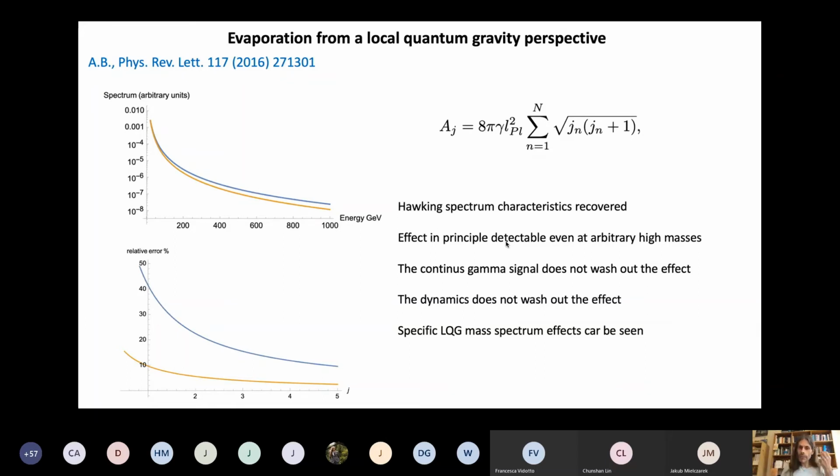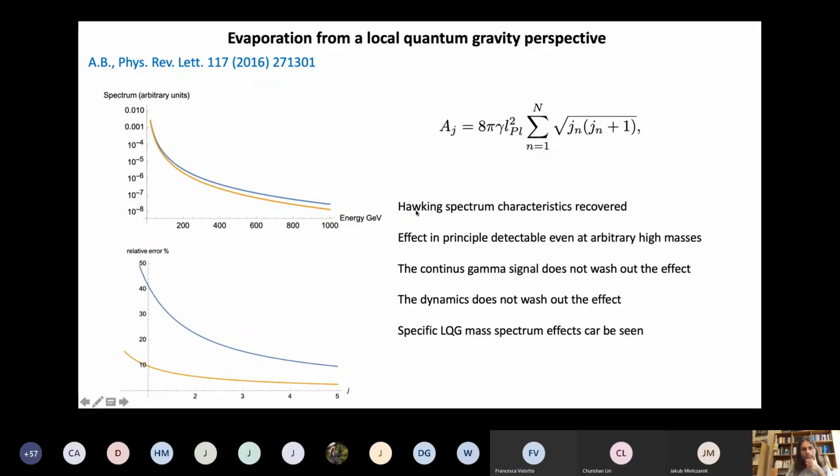And if you think in this way, first you hopefully recover the Hawking characteristic in the classical limit, and then the very interesting point is that you can have in principle detectable effects for any mass. Of course, you need the mass to be not huge, otherwise you don't have evaporation at all. But you can still consider a mass, I don't know, of 10 to the 10 grams, which is way bigger than the Planck mass, and the discreteness of the spectrum will still be there.